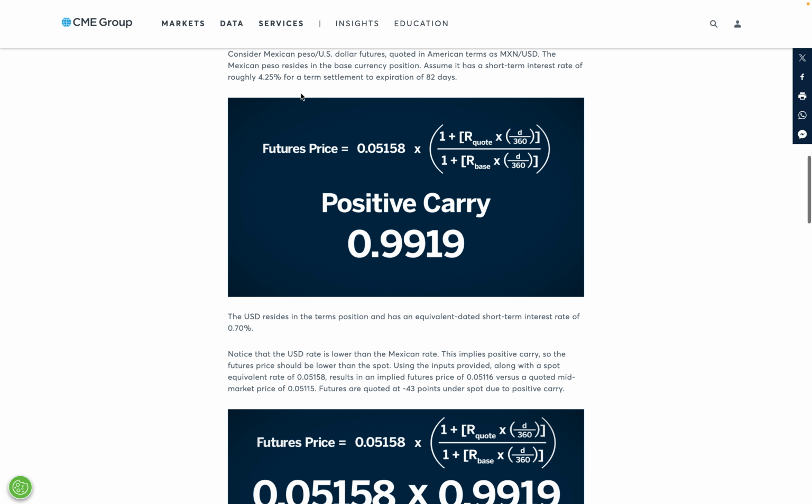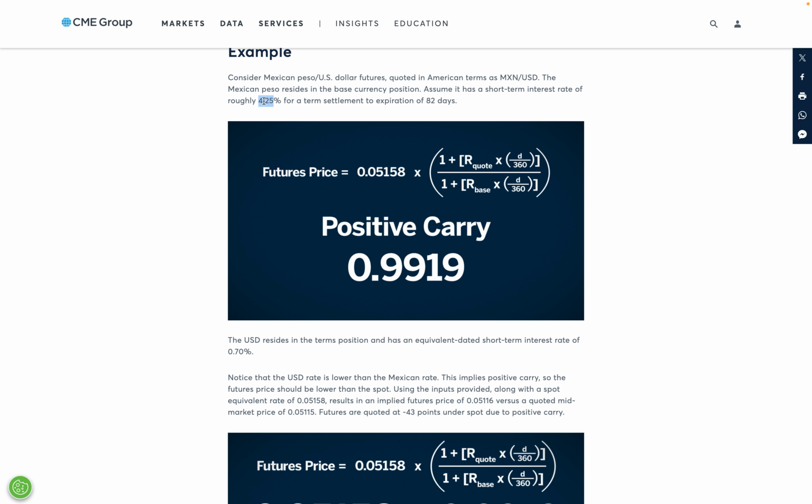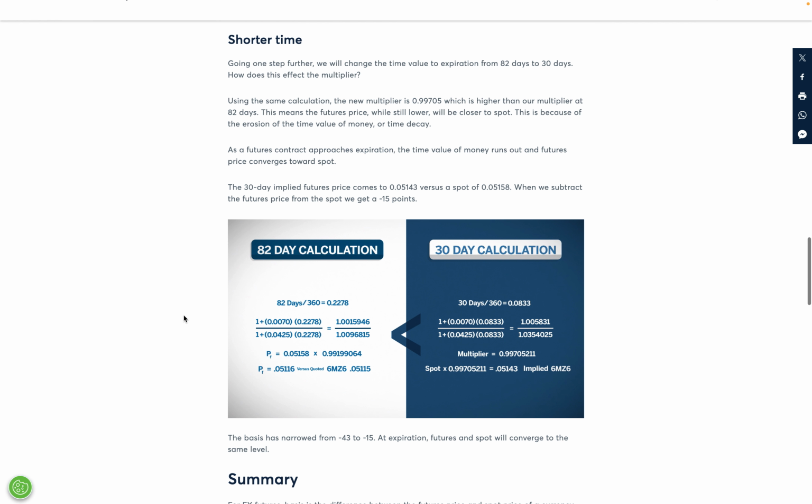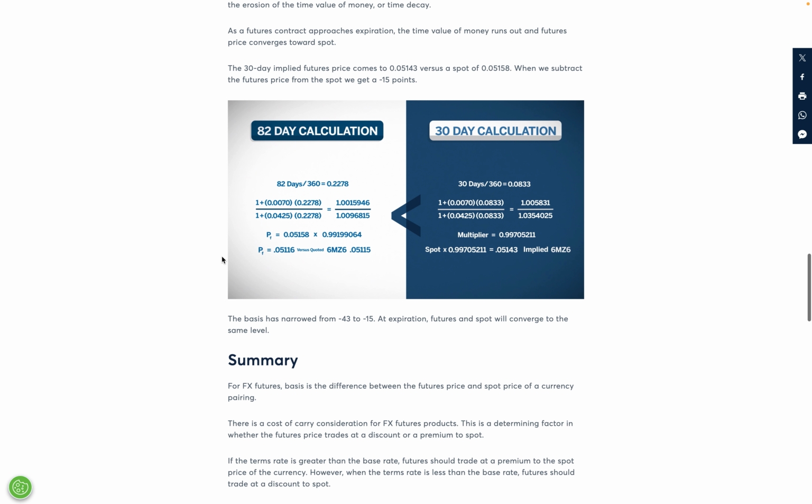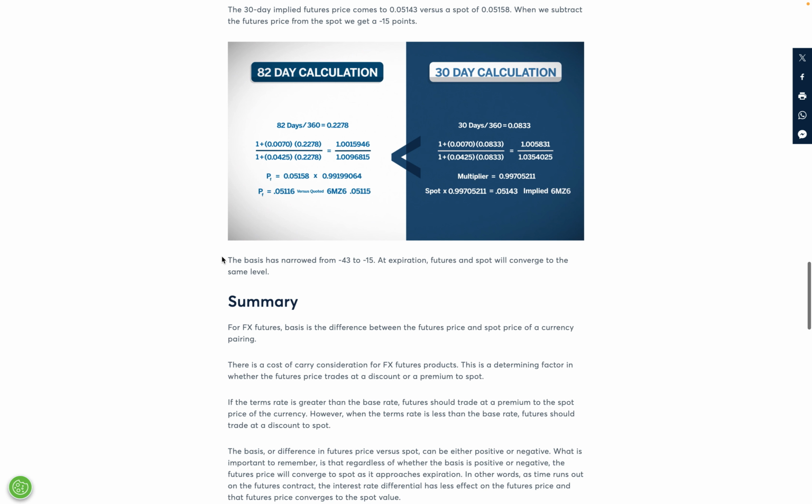That means that is the base, and that is the term. So the base is higher than the term, and we've got a positive basis.